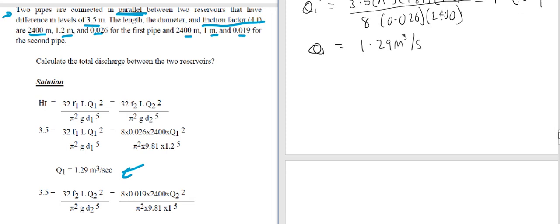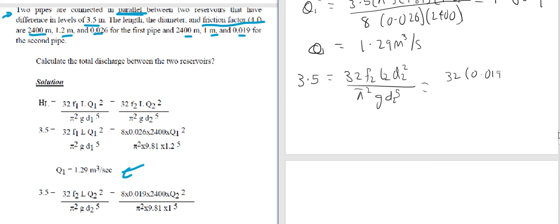So 3.5 will be equal to 32 F2 L Q2 square over pi square g d2 raised to power 5, and this will be equal to 32 times f, that's 0.019, remember this is over 4, so I'm just going to put that here, times pi square times g times the diameter 1 raised to power 5, multiplied by the length 2400 Q2 square.